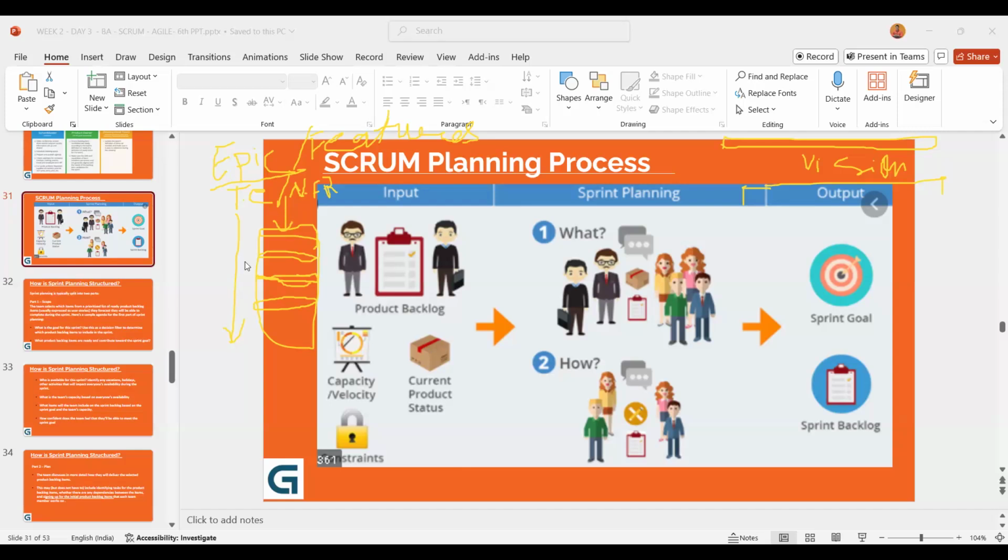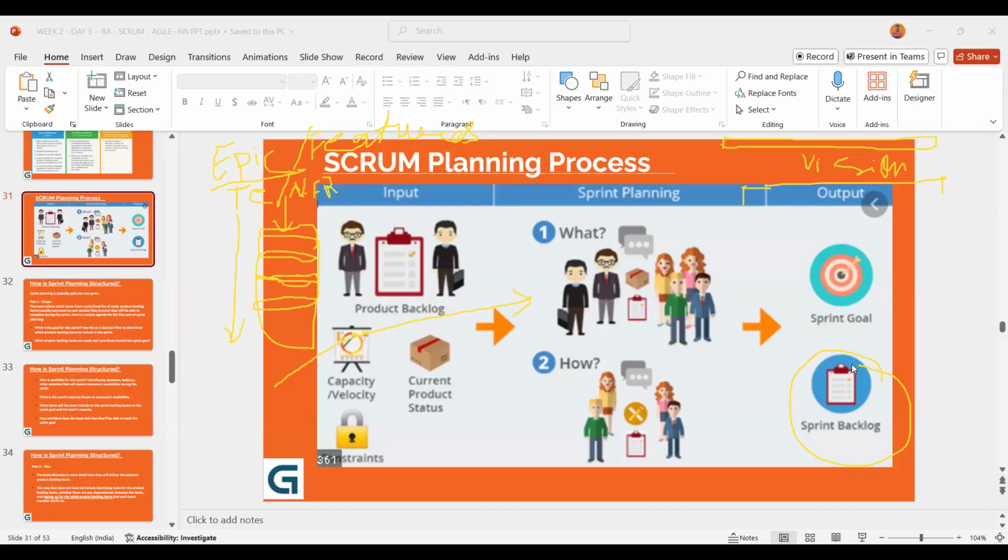Now, what happens exactly when we understand the product backlog? The customer also tells the product owner exactly what they want on an urgent basis, on higher priority, where priority is defined. When priority is defined, that will take an entry into the sprint planning meeting, which we call the sprint backlog.